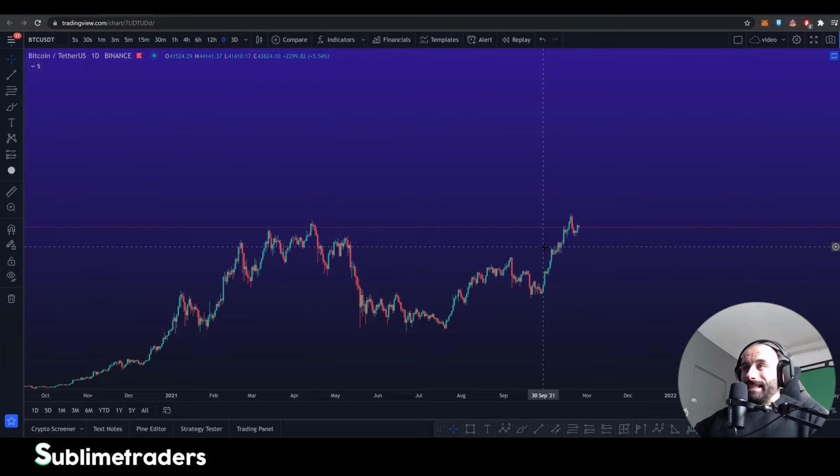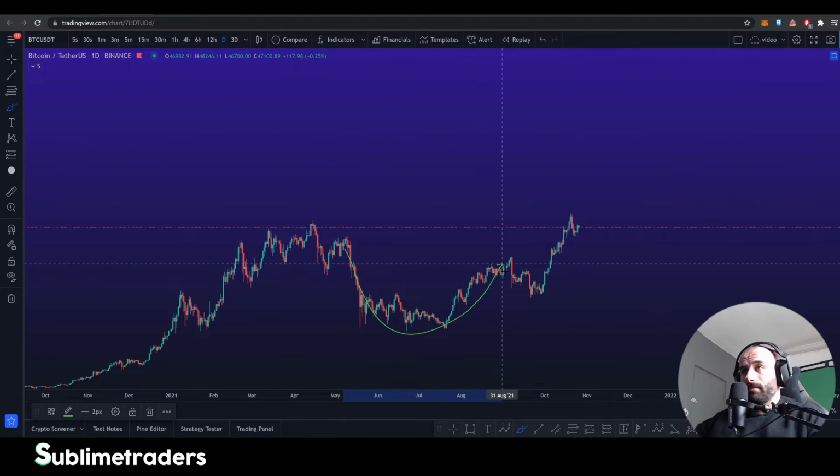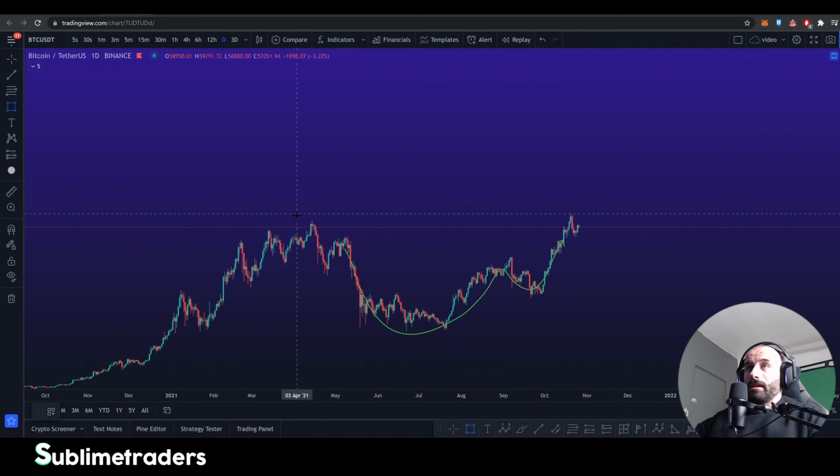And if we look at the daily right now, we can see that we are in something like, let's say, a cup and handle. So the cup and the handle. And we all know that this pattern is bullish. And right now it is stagnant at this level, which is a resistance area right here.